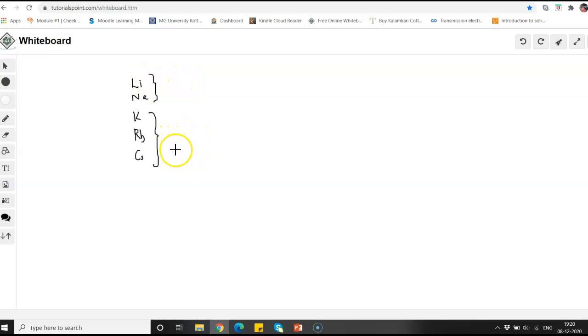For the preparation of the intercalation compound of graphite with potassium, you have to take graphite and heat it with potassium at 300 degrees Celsius.